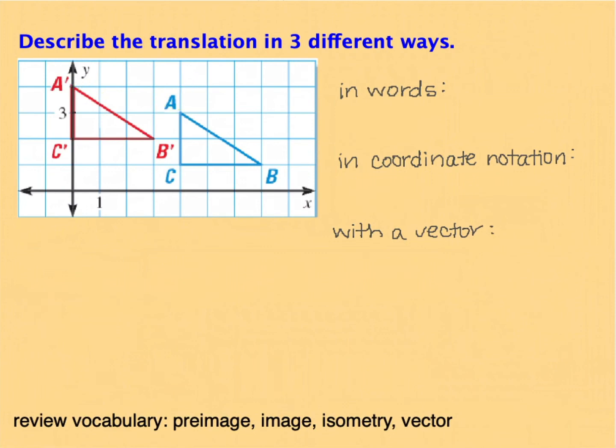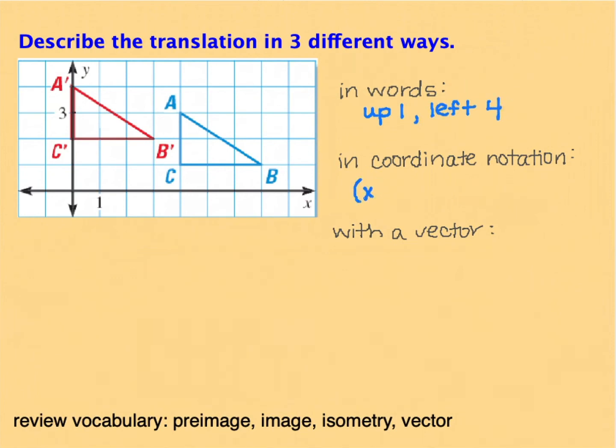So how would we describe this in words? I would say that it goes up 1, left 4 for each point, right? Up 1, left 4.